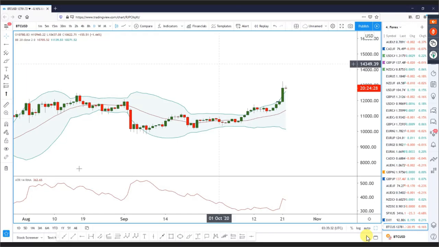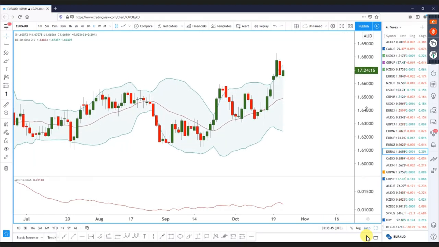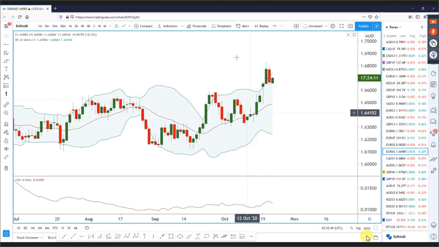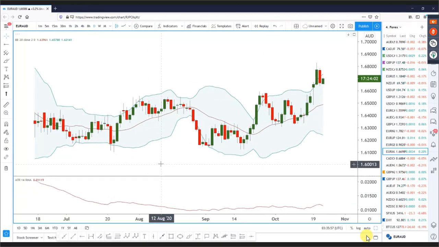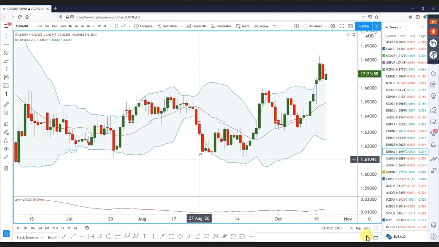Okay, so another request of the pair is Euro Aussie. Oh, it's so good to see some volatility going on. The ATR currently is 119 pips. That's very good for traders like ourselves.